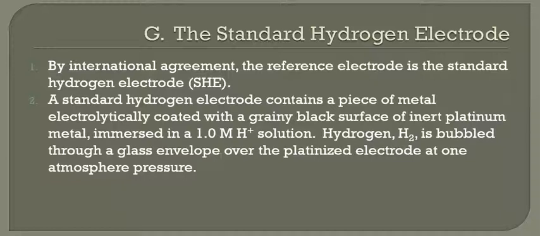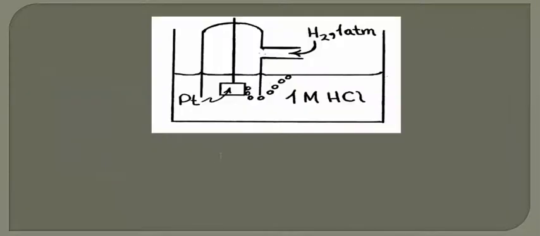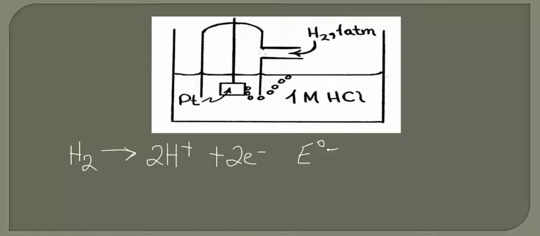Now, it's not really necessary to know much about the standard hydrogen electrode, other than to say the standard reduction potential is defined as 0. So if the SHE is used as an anode, here's my half reaction. And the standard reduction potential, E°, is defined as 0.000 volts.